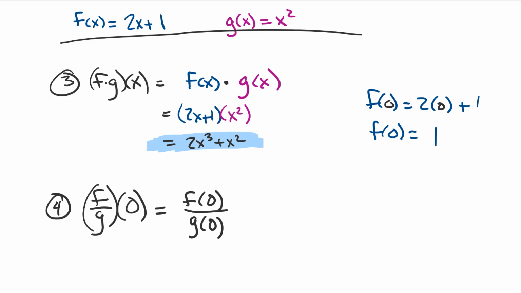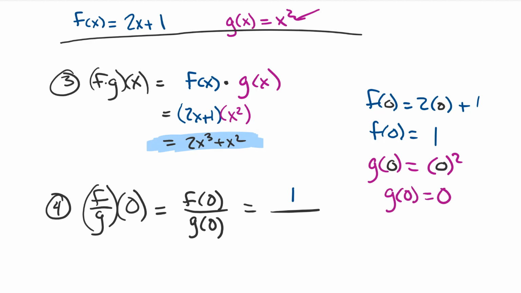It's just 1. Okay, cool. So this is equal to 1 over... And now we go to our next one: g of something is equal to something squared. We need to plug in 0. So g of 0 is equal to 0. And we go to here, and we go, shoot.